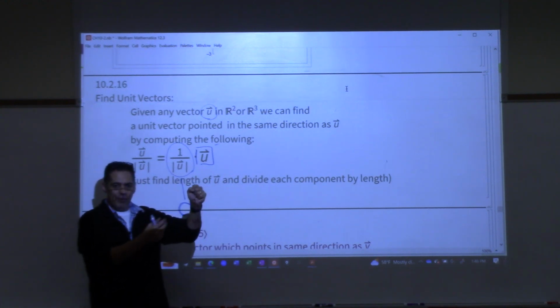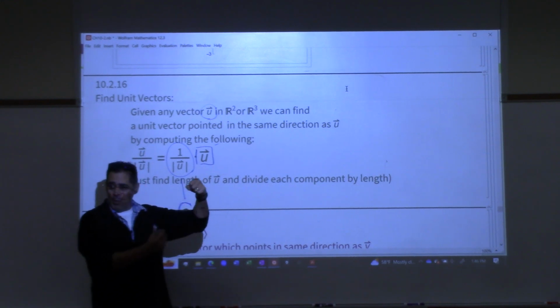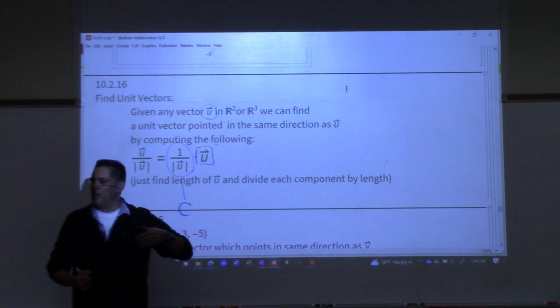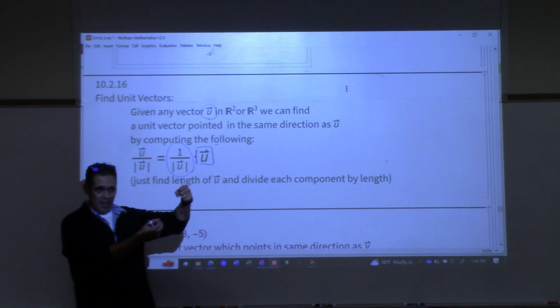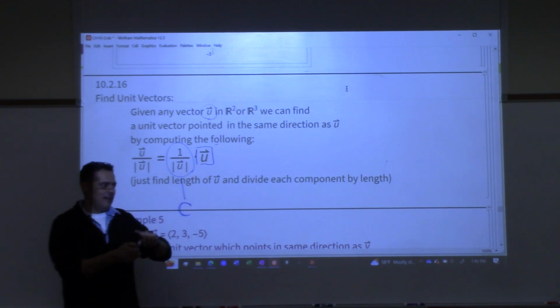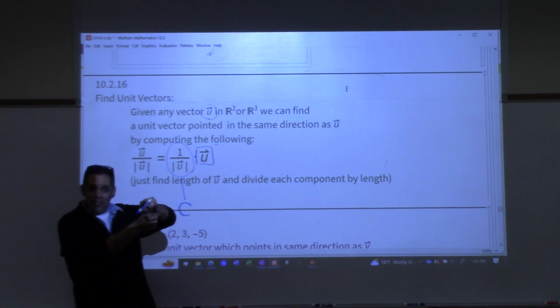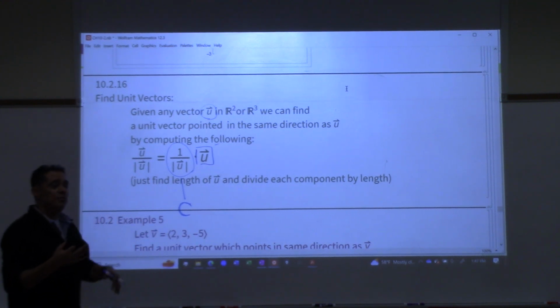If you have an object, you have gravity pulling, right? You want to visualize what that pull is, that's a vector. But a lot of times what we want is just simply the direction. And so we'll use the unit vector instead of the entire vector. And then we can do something with that and then figure out the direction of our particle and then put those two vectors together somehow and get some result. So the unit vector is useful later.